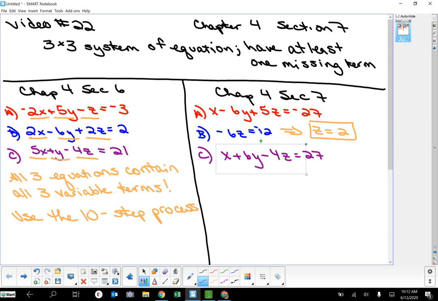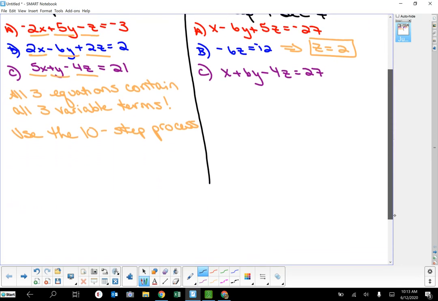All right, so here's your goal with these. Now, equation A has an x, a y, and a z. Equation C has an x, a y, and a z, but clearly B does not. All right, and so when that kind of thing happens, your goal here, let me go up the page just a little bit.